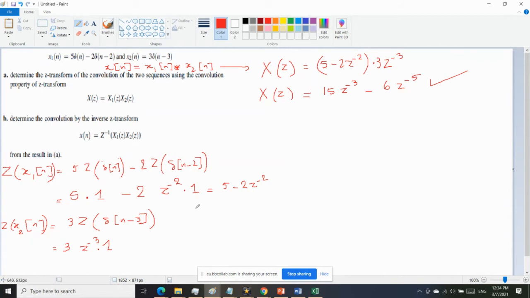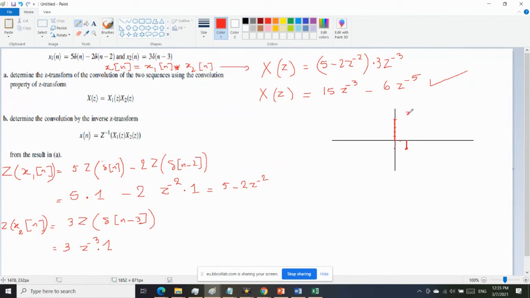By the way, these two signals we can plot them. The first signal has 5 here at 0, with delta, and minus 2 with delta shifted by 2. This is the first one.